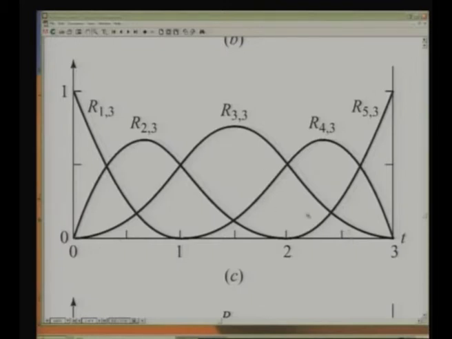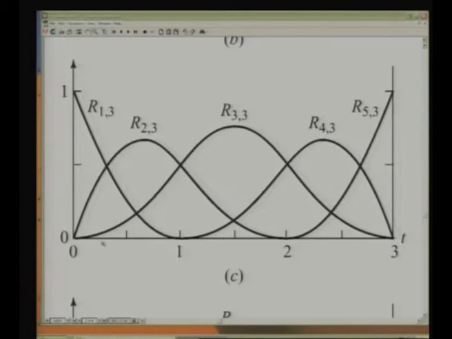Now, how do I interpret these basis functions which are plotted? Suppose I take u equal to 0, then what is the value? I have only this which is non-zero, that means the entire thing is defined by the first basis function, which has value equal to 1, that means the curve passes through the first point.